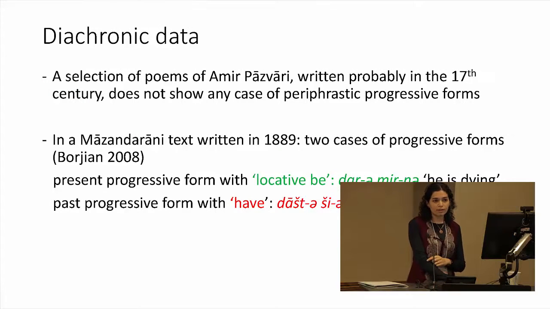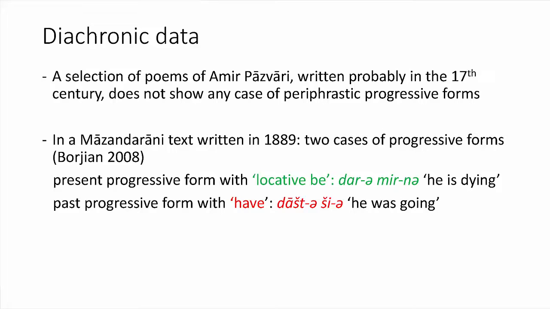But in a Mazandarani text written in 1889, we see two cases of progressive forms. And interestingly, one of these cases uses the auxiliary verb locative be, and one of them uses the auxiliary verb have. So the present progressive form uses the auxiliary verb locative be, so dare mirne, he is dying, and the past progressive form uses the auxiliary verb have, dashte shie.